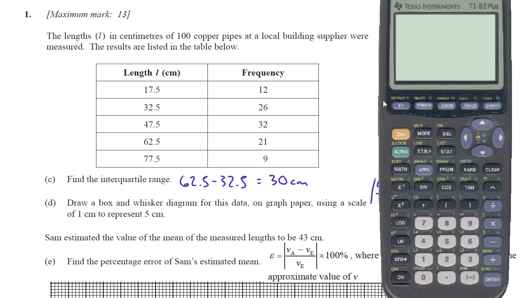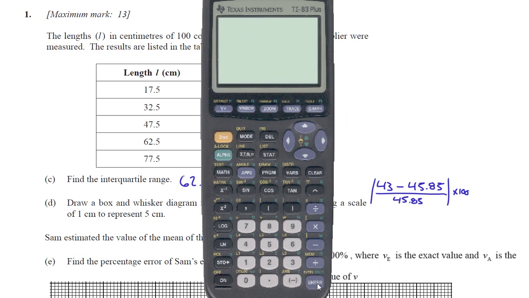Okay, so let's do that. So here's the top here, push enter, divide by 45.85, and that gives us that. And then basically multiplying by 100 just means move the decimal over, and it's the absolute value, so we ditch the negative. So the percent error is going to be 6.22.